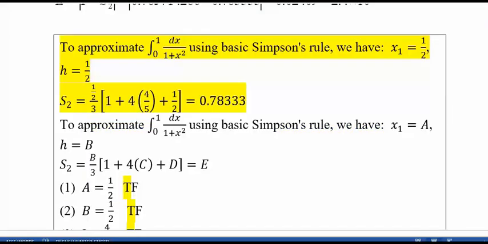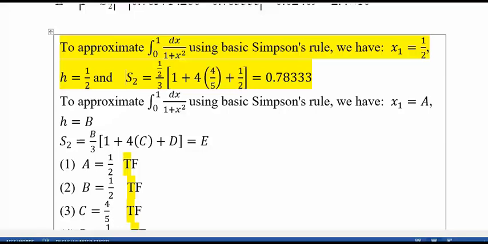For example, to approximate the integration from 0 to 1 of dx over 1 plus x squared using basic Simpson rule, we have x1 equal half, h equal half, and S2 equal h over 3, which is half over 3, f of a, which is 1, 4 f of x1, which is 4 over 5, plus half, and this is the last result.